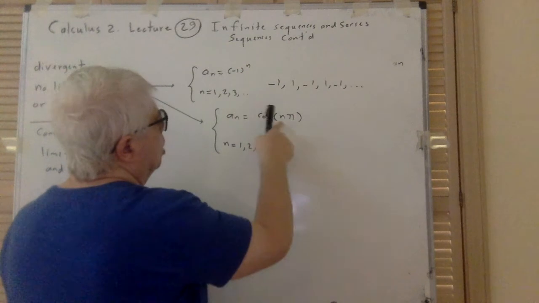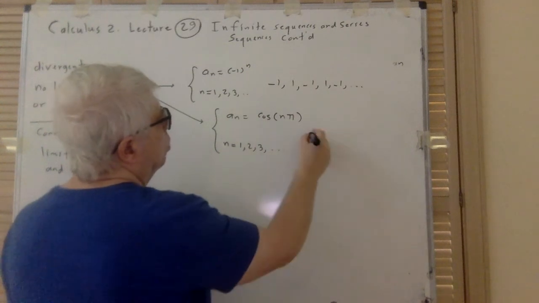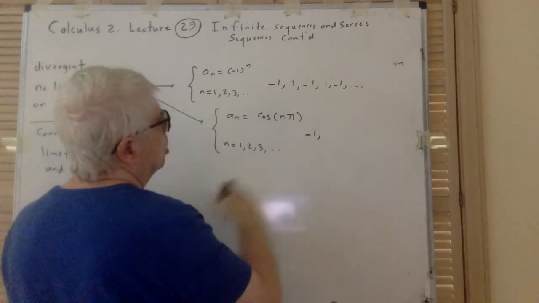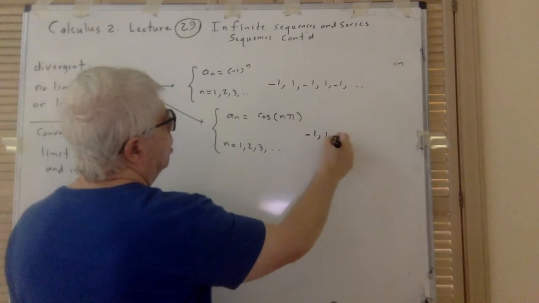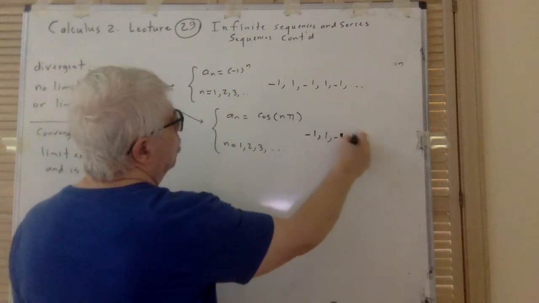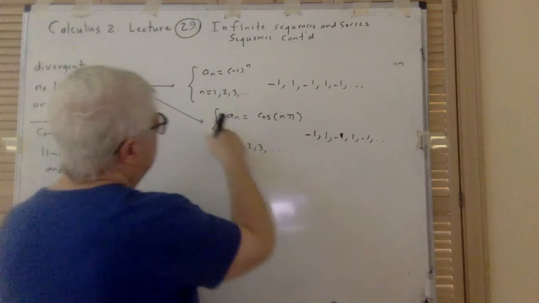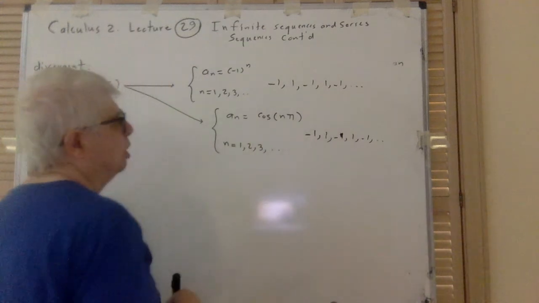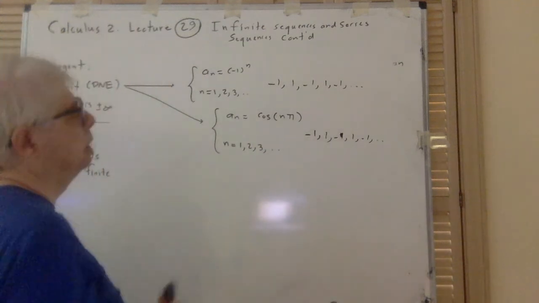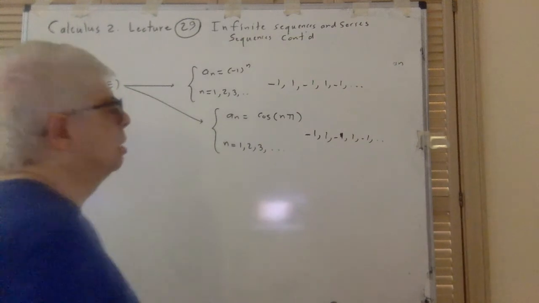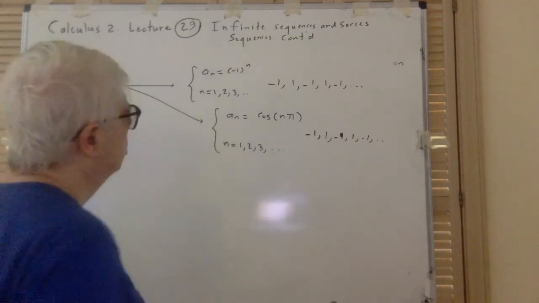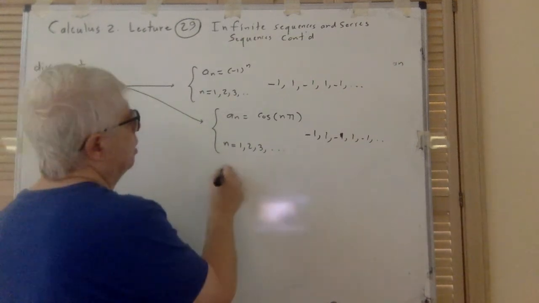What is this? Cosine of pi is negative 1. Cosine of 2 pi is 1. 3 pi is negative 1. 1, negative 1. In fact, these two are the same. Another way of writing negative 1 to the power n is cosine n pi.